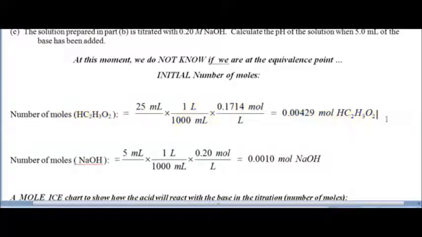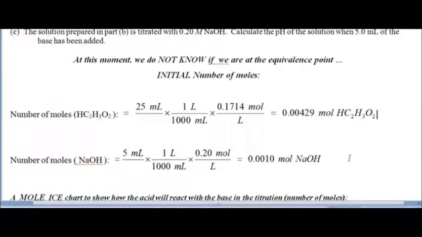One very nice aspect of this question is that the number of moles of acetic acid will remain the same throughout the whole question. In other words, this will be the amount of acid that we place in the Erlenmeyer flask, and then we'll be titrating it with our sodium hydroxide, or our strong base.